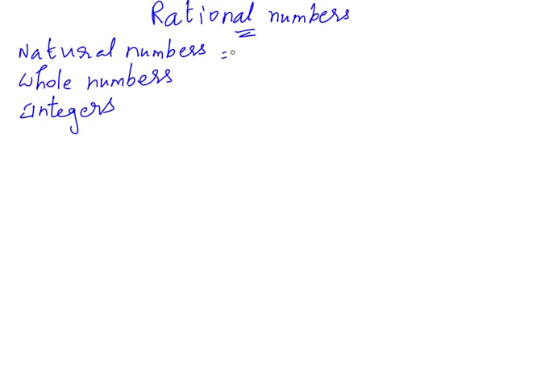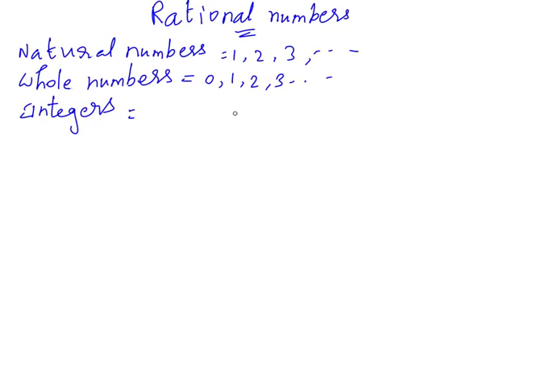Natural numbers means starting from the countable numbers. It is countable numbers starting from 1, 2, 3, etc. Countable numbers are called natural numbers. Whole numbers are natural numbers including 0, starting from 0, 1, 2, 3. These are called whole numbers.